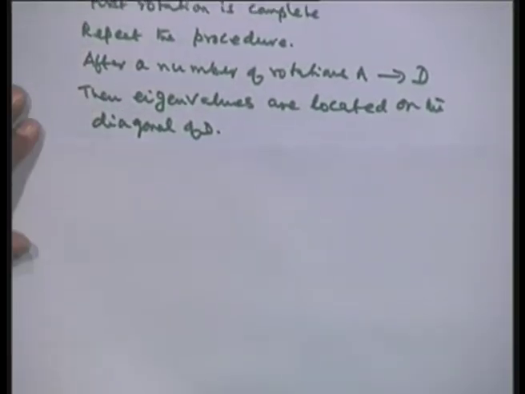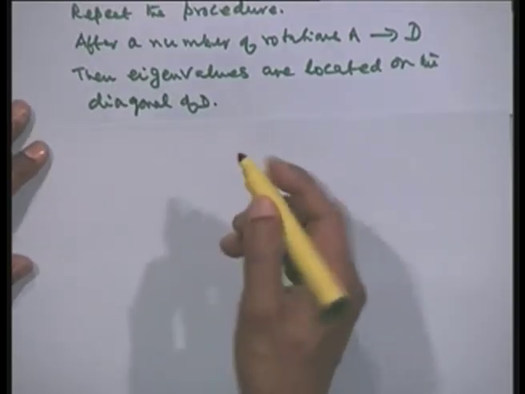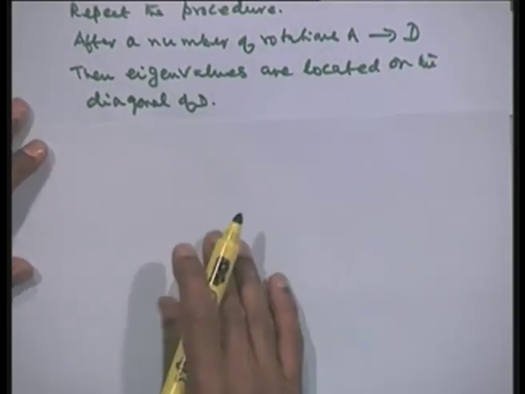Now, before we make a comment on the number of rotations that is required and what are the eigenvectors from the system, let us make a comment here about the disadvantage of the Jacobi method. If that disadvantage was not there, then this Jacobi method would have been the best method, and we do not need any other numerical method.